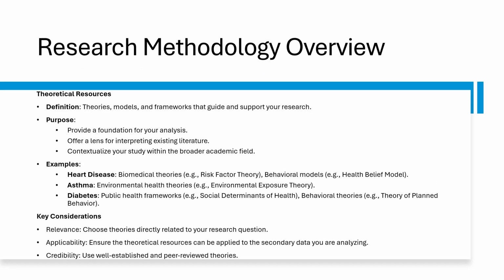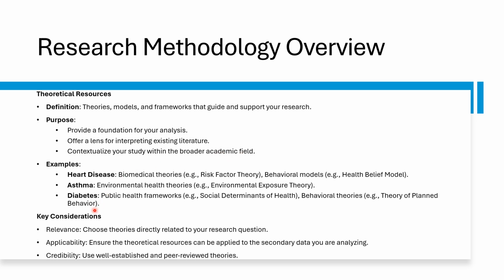Okay, the research methodology overview, which is the theoretical resources, and the definition is theories, models, and frameworks as guidelines that support your research. The purpose of doing this is to provide a foundation for your analysis, offer a lens for interpreting existing literature, and contextualize your study within the broader academic field.